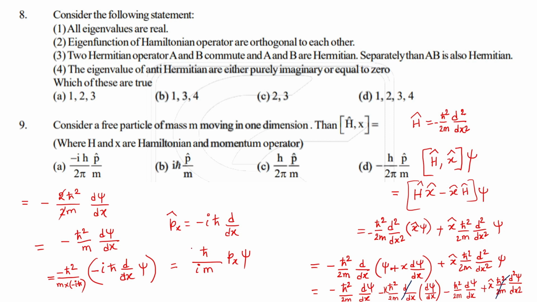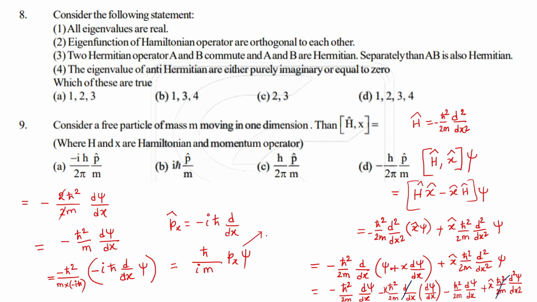So what did we get? ħ is nothing but h by 2 pi, px by m, i here, so minus i. What is the correct answer given? 9a. We are getting that only, right?